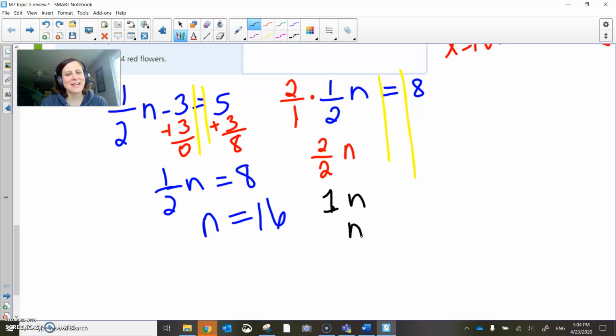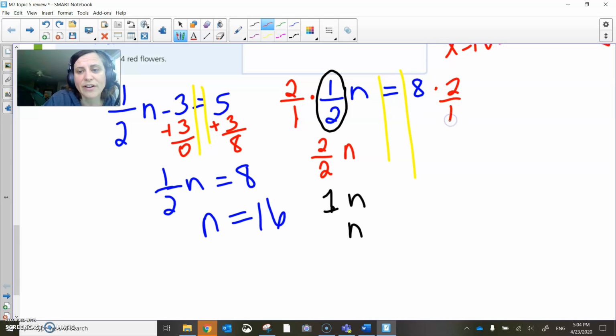So the way we get n by itself is we ended up multiplying the left-hand side by the reciprocal of that fraction. Well, if we're supposed to do the same thing to both sides, we multiply it by the reciprocal of the fraction. And I know some of you were asking me to please do some fraction problems earlier last week, so let's do this.